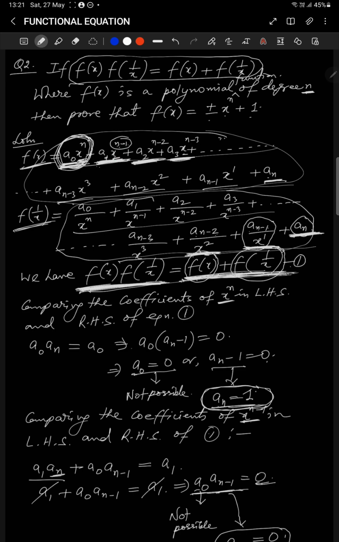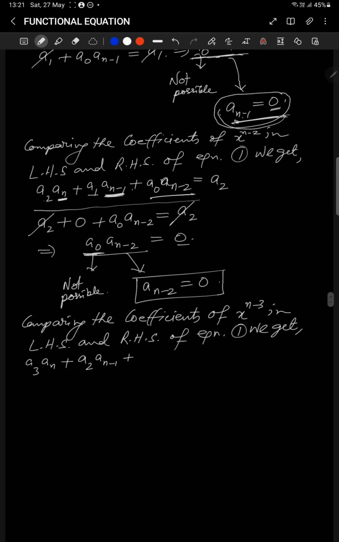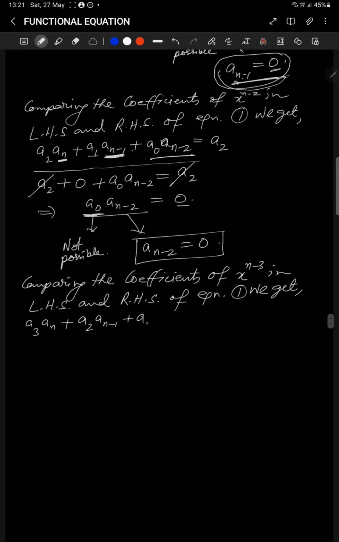next we have a1 x to the power n minus 1, that if we multiply to this particular term, an minus 2 divided by x to the power 2, you will get x to the power n minus 3, and the coefficient will be a1 an minus 2. So finally it is a1 an minus 2.